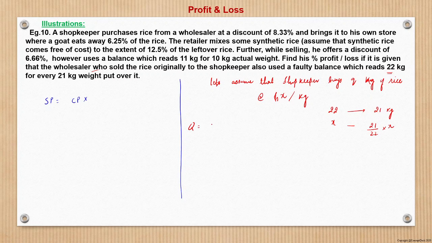Quantity would be initial Q into 21 by 22. Now after this what happens?